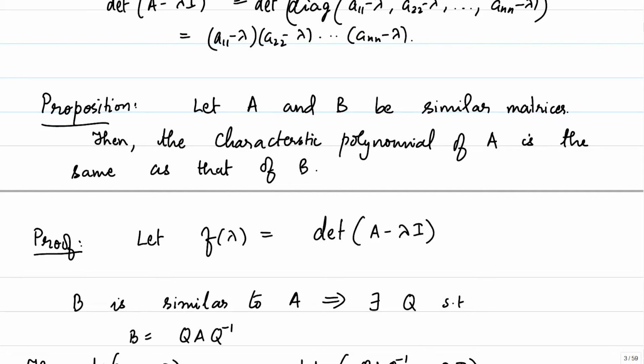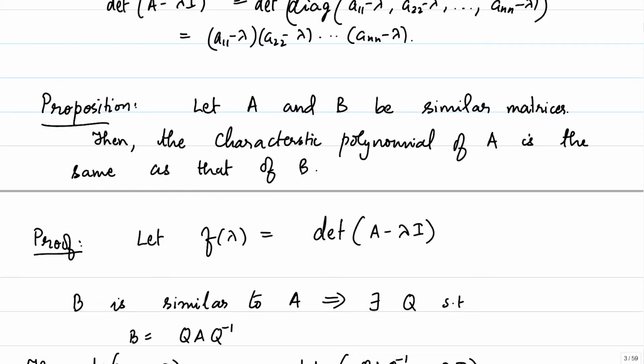What this tells us is that if two different matrices are similar, the characteristic polynomial is the same. Now, if you take a linear operator T on a vector space V and you look at a basis beta, then the matrix of T with respect to beta, this is an n cross n matrix, let's call it A. Let's pick another basis beta prime, and look at the matrix of T with respect to beta prime, let's call it B. From one of the theorems which we proved last week, we know that A and B are similar.